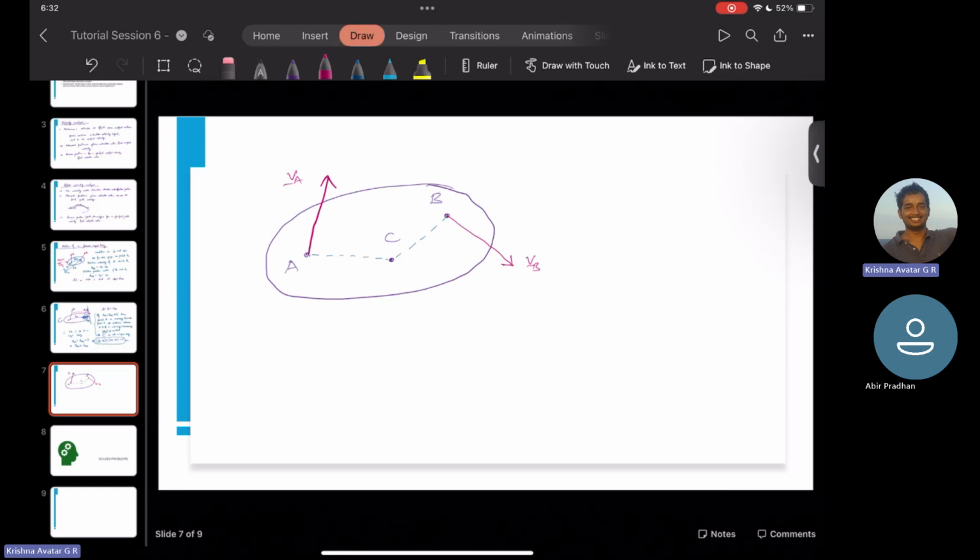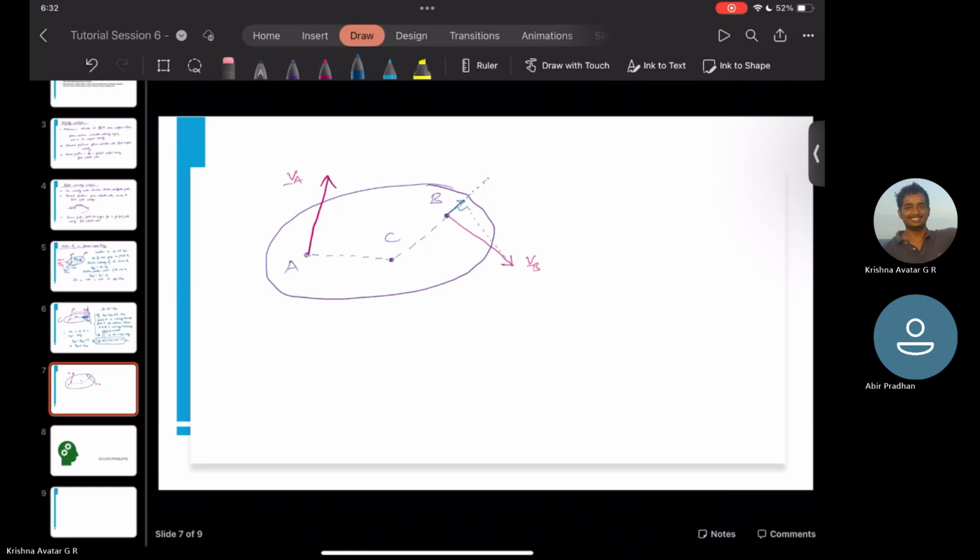So in this case, what we do is we extend this line connecting C to B further, and take the projection of VB on this one, right?